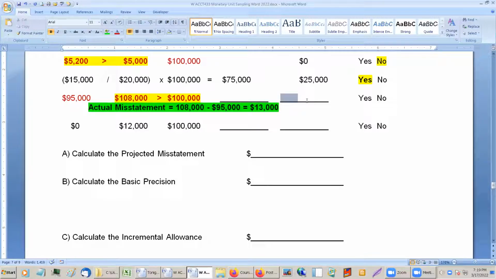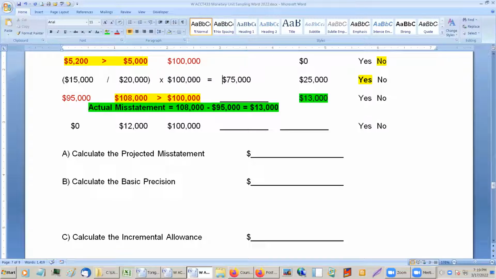So this is the actual misstatement, 13,000. Notice that here, unlike the one up above, there could be other things left in this interval.